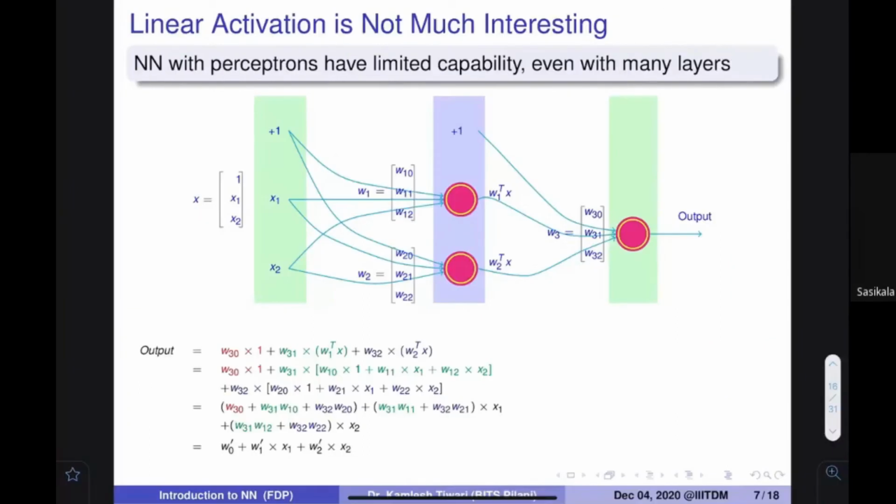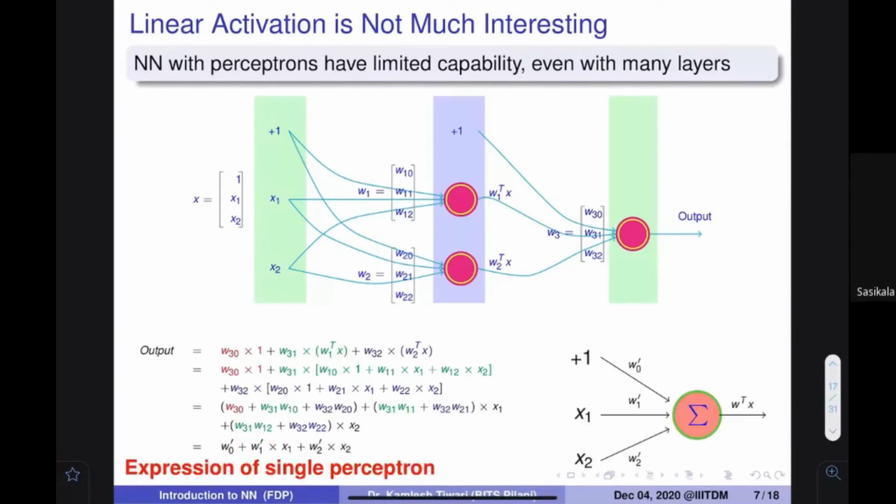Essentially, we can say there is another weight W0 dash, W1 dash, W2 dash, multiplied with x1 and x2. What do I mean by this? We can think x1 is there, then W1 dash is multiplied with this. Then x2 is there, then W2 dash is multiplied with this. Then W0 dash is added. So it looks like this kind of circuit.